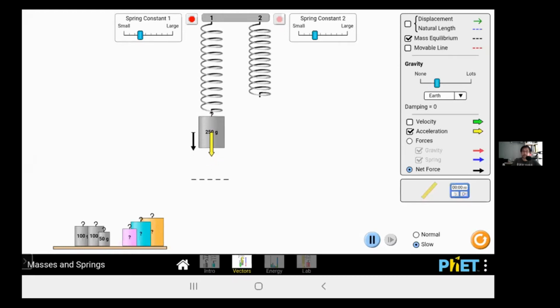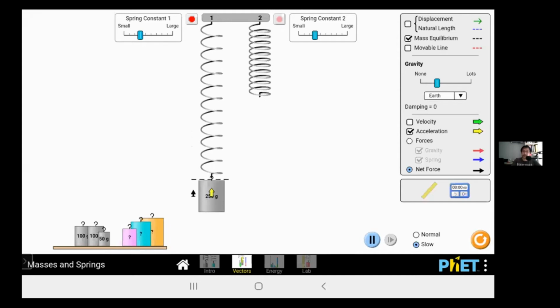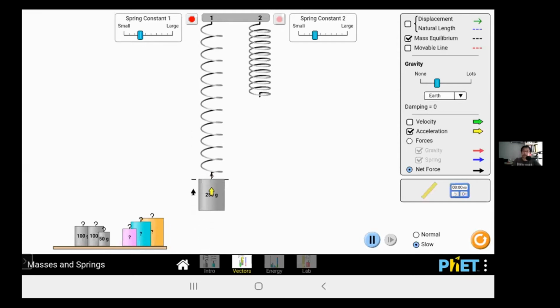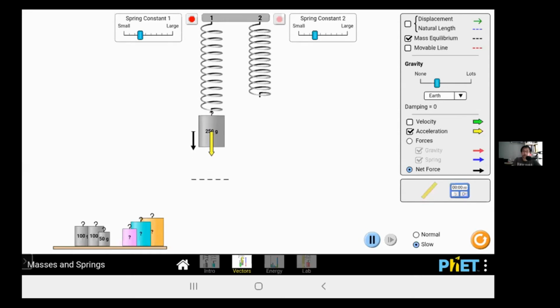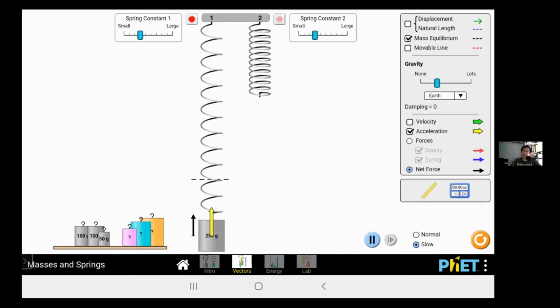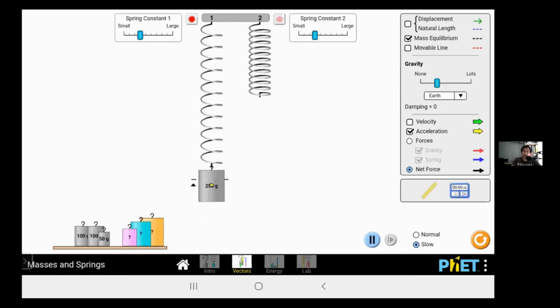Because we already said the black arrow was the net force acting on this mass, whatever the force is, there must be an acceleration pointing in the same direction. So there's no doubt. The acceleration that the mass is having must be in the same direction as the net force acting on it, which right now is only the net force from the spring and the weight.